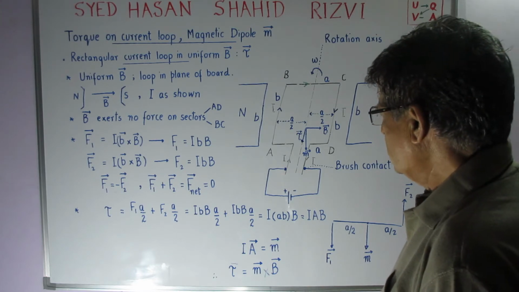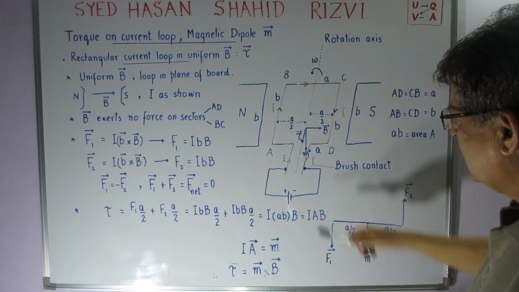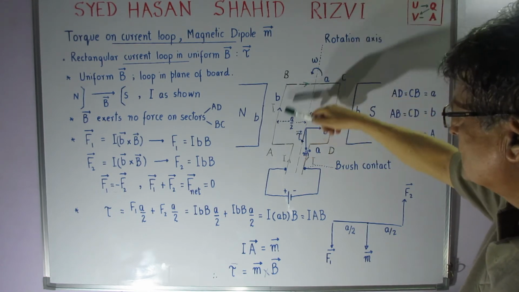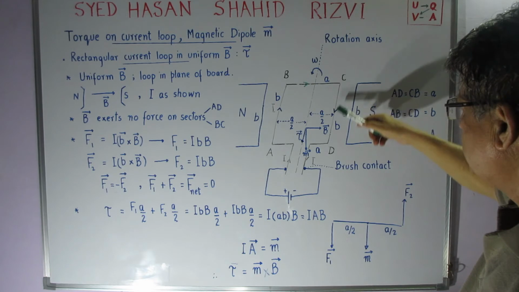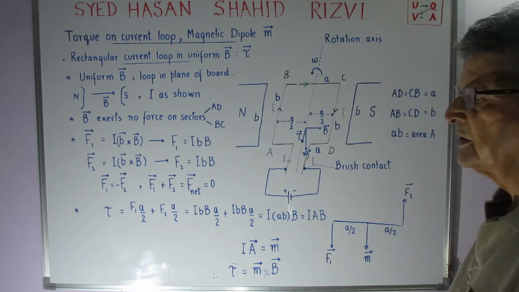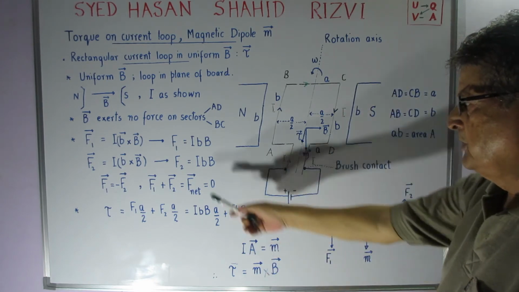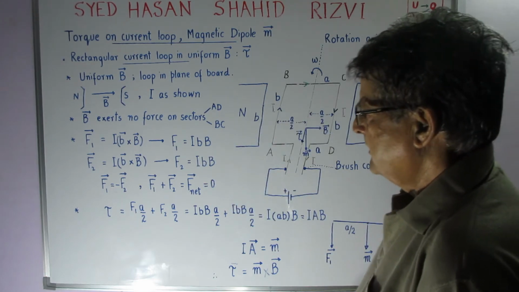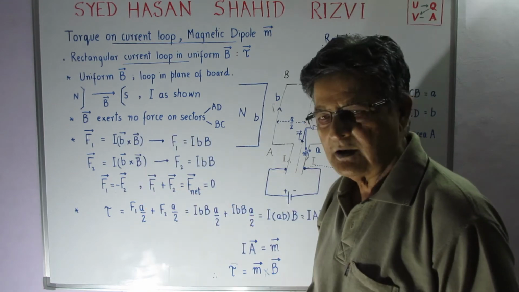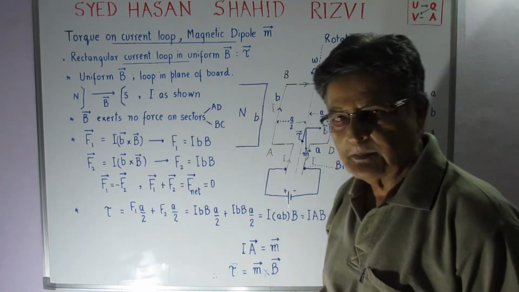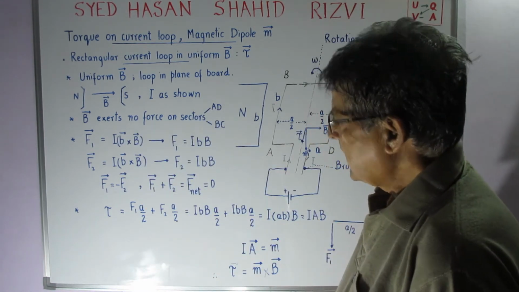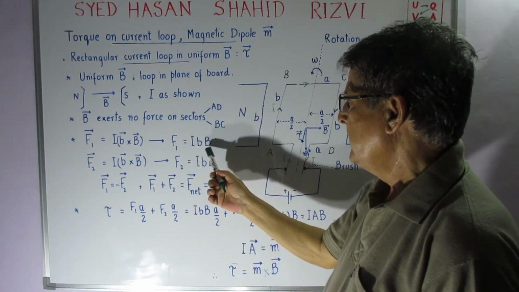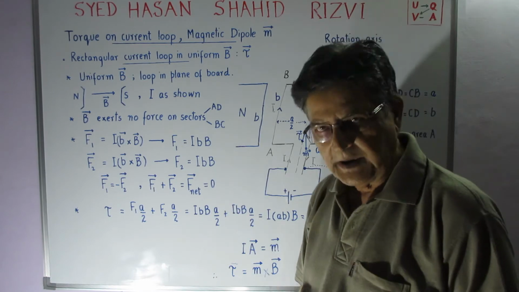Now let us say that on this part A to B there is a force F1, and on this part from C to D there is another force which is equal to F2. We can write the force value as I L cross B, and of course the angle is 90 degrees, therefore F1 will become equal to I B into b.